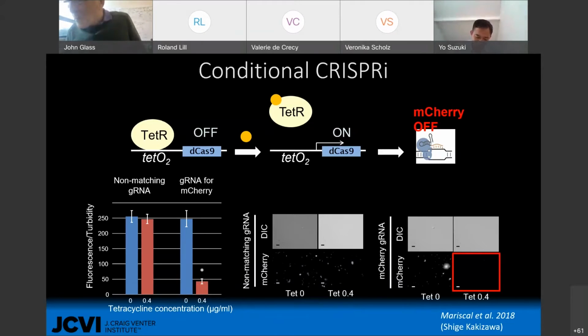CRISPRi, by the way, is a way to target nuclease-defective Cas9 to a DNA site to cause transcriptional inactivation. Here, when M-Cherry was targeted with CRISPRi, we achieved greater than 80% reduction in expression, as you see here.